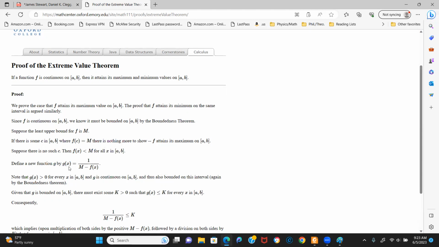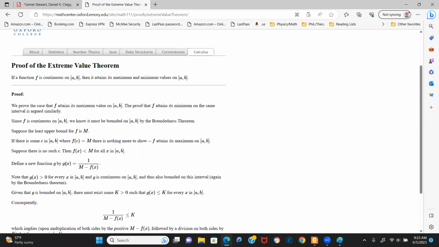Because g of x is a continuous function and it's defined on this whole interval, it's also got to be bounded, by this boundedness theorem, which I did not prove, but it's pretty clear that it has to be bounded. The function can't go off to infinity. It's impossible. You'd destroy the continuity of your function, basically.